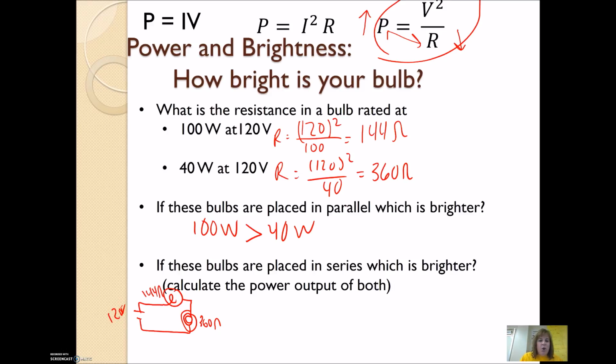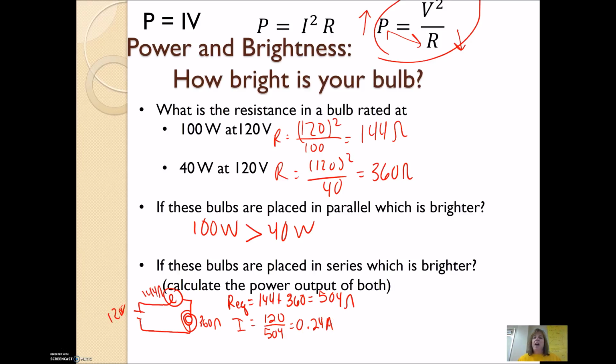So if we add up our total resistance, our R_eq is going to be 144 plus 360, which gives us a total of 504 ohms. So now by Ohm's law, the current in the circuit is the total voltage divided by the R_eq. So that gives us a tiny current, 0.24 amps.